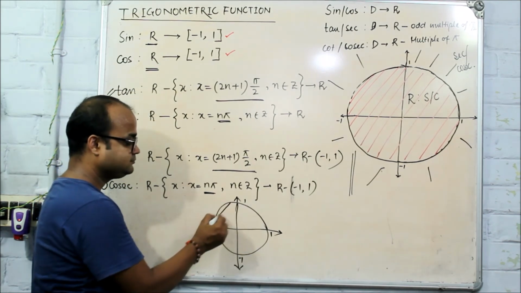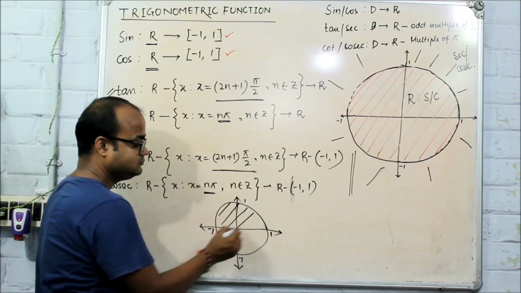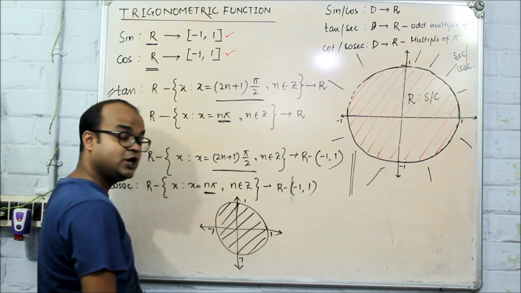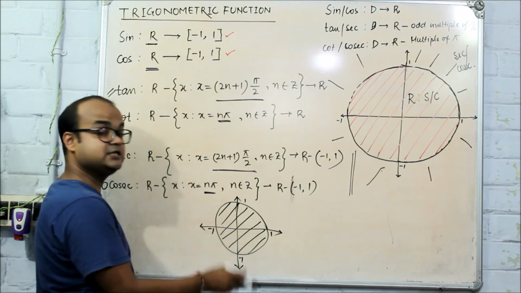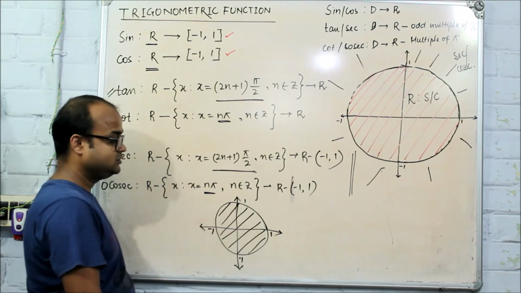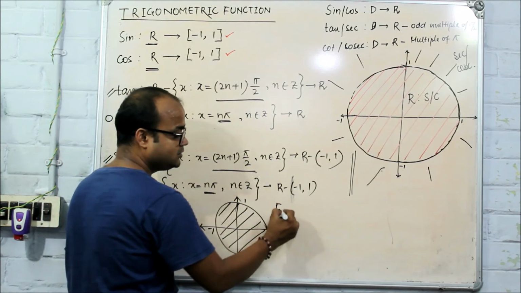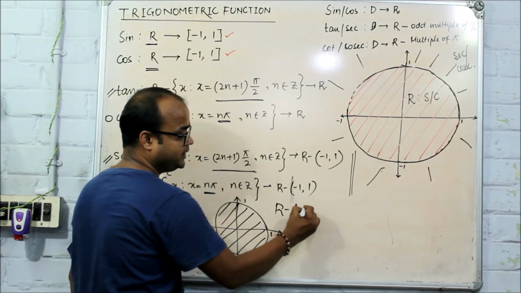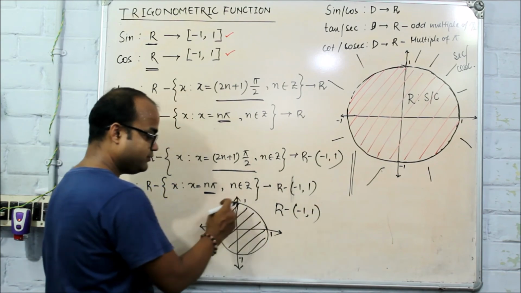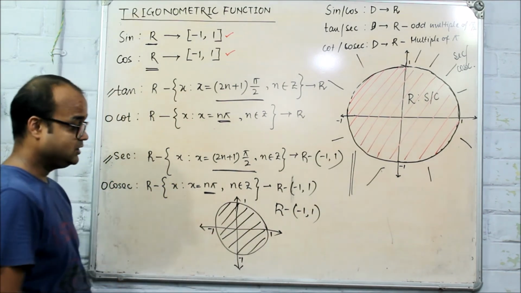This shaded region is the range of sine and cos. Outside means complement, that is R minus open interval -1 to 1, because we are covering the circumference also.